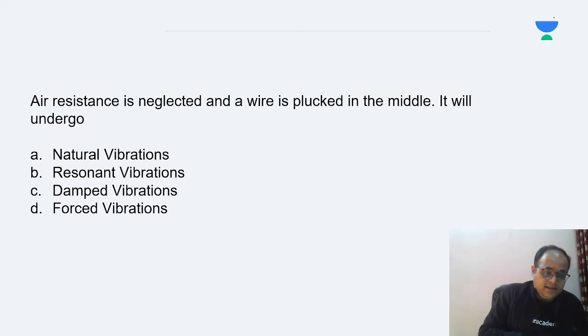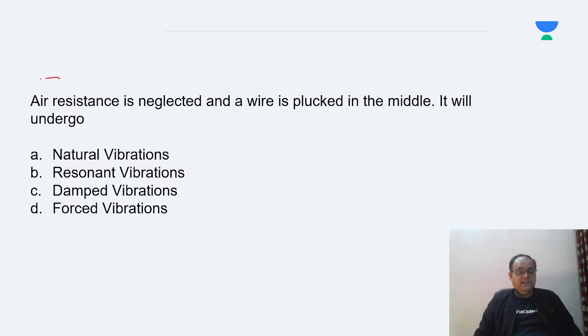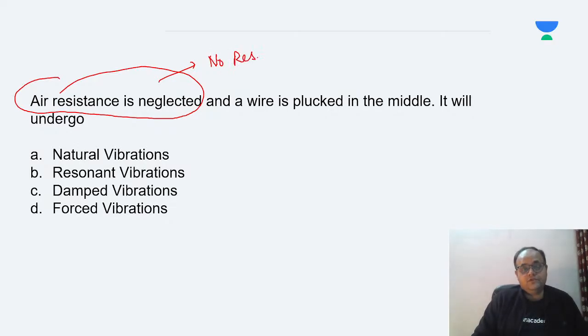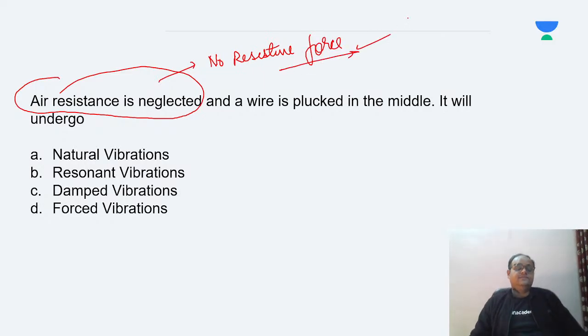See, let's see how we can crack it. The very first line of the sentence says that the air resistance is neglected. I mean, there is no resistive force. And we have just studied that if there is no resistive force, the motion of the body is indeed natural.